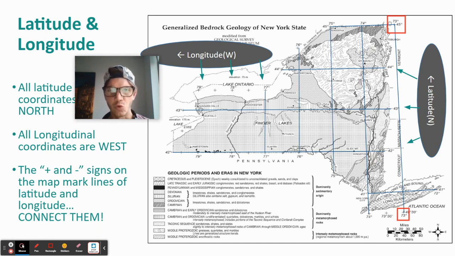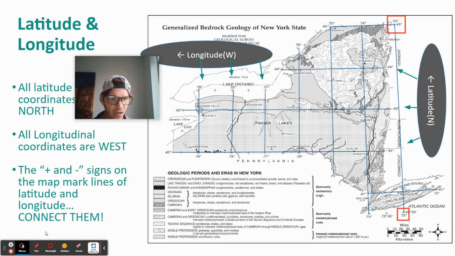And once you have this grid, and they're not perfectly parallel on this map, remember Earth is an oblate spheroid, so it's not a perfect grid. But this will give us a better idea of where the lines of latitude and longitude are, so we can get a more specific reading on where the cities and mountains and rivers and different areas of bedrock are.